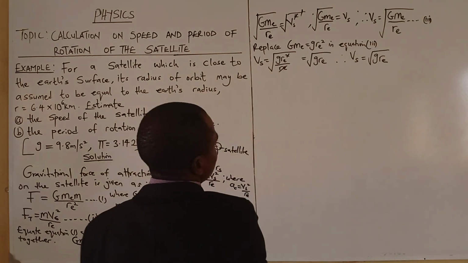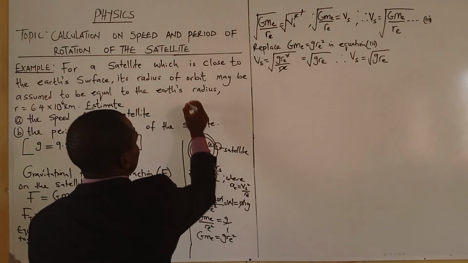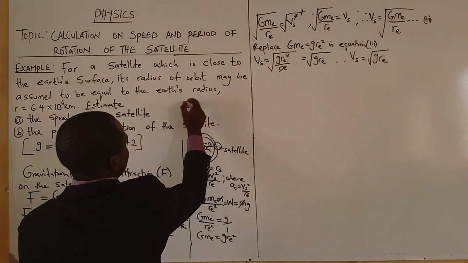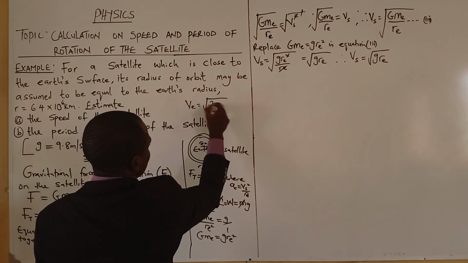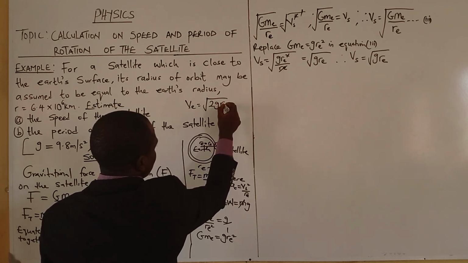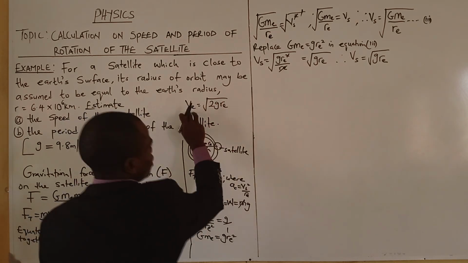Don't forget that the velocity of escape of the satellite is the square root of 2 g RE. Is that okay?